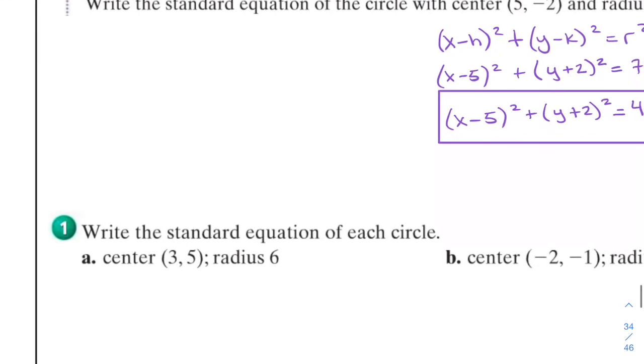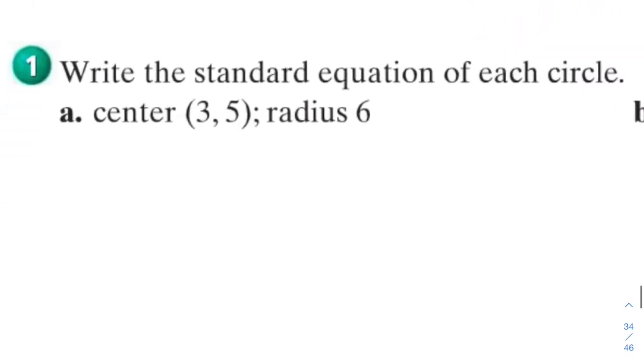Let's do another one. Write the standard equation of each circle. Remember, it's (x minus h) squared plus (y minus k) squared equals r squared.